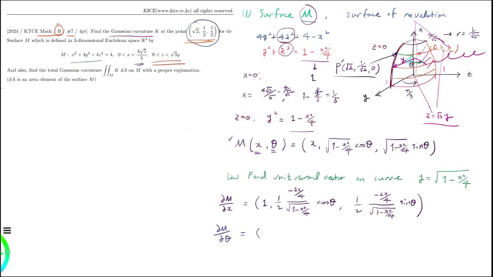Theta changes, it's a rotation, so the partial derivative of theta is this direction here, which is the YZ plane. It will be 0. Derivative of cosine is minus sine times square root of 1 minus x squared over 4, and derivative of sine will be cosine times square root of 1 minus x squared over 4.